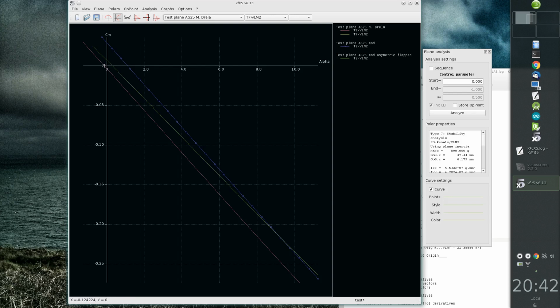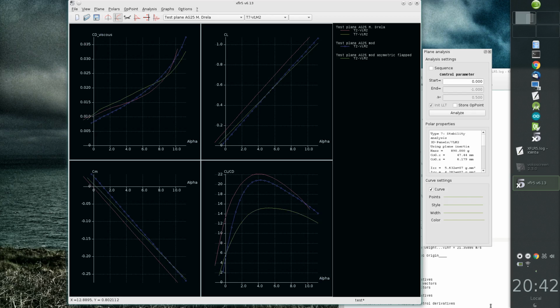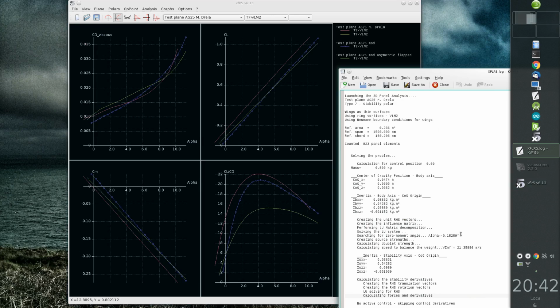The status bar says minus 0.12. And that's the value for which the pitching moment is 0. Well, that's almost exactly the value which has been determined by the program as the zero moment angle. So that looks good.